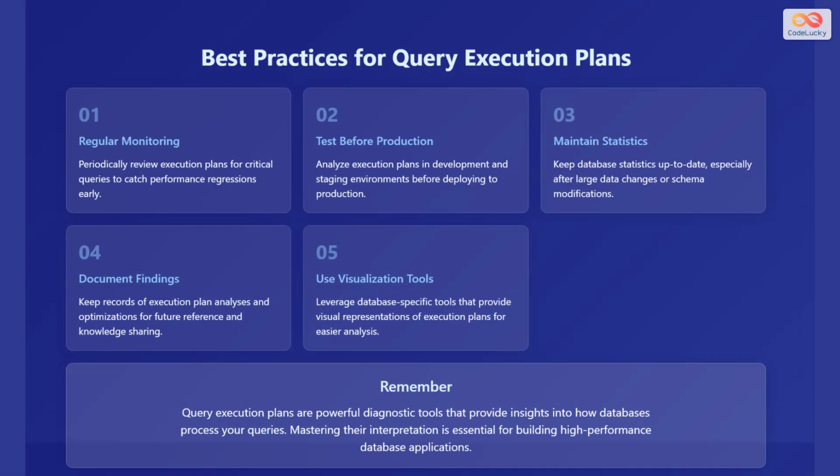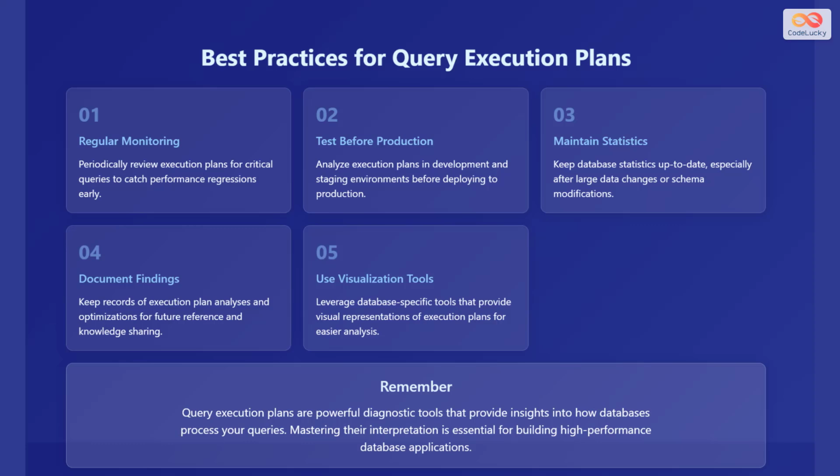Here are some best practices for query execution plans. First, implement regular monitoring. Periodically review execution plans for critical queries to catch performance regressions early. Second, test before production. Analyze execution plans in development and staging environments before deploying to production.